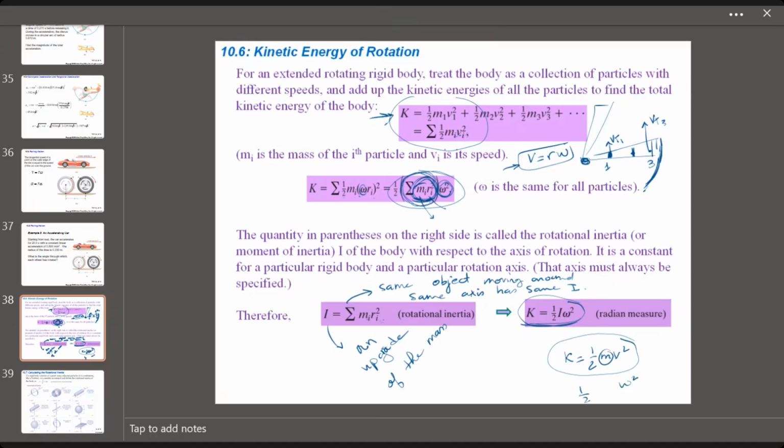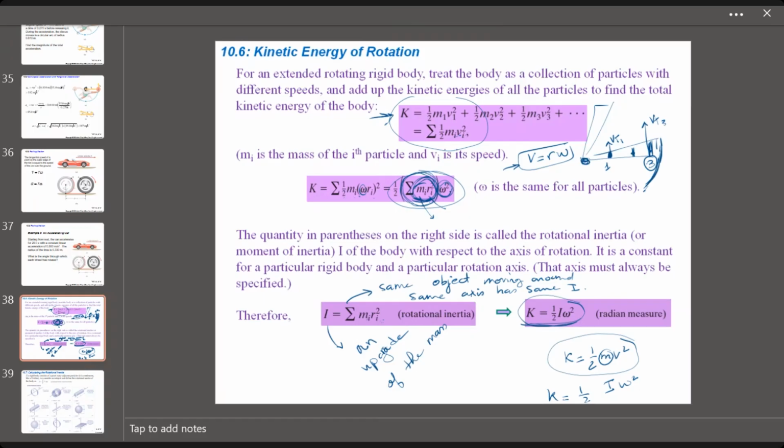Because basically, if I have more mass here, then M3 is bigger, less mass here. So where the mass is located is going to affect my rotation. I'm going to associate a location in addition to the mass. And this location is embedded in this quantity, the rotational inertia I. And thus, the kinetic energy will look like this, which is very similar to the translational kinetic energy.